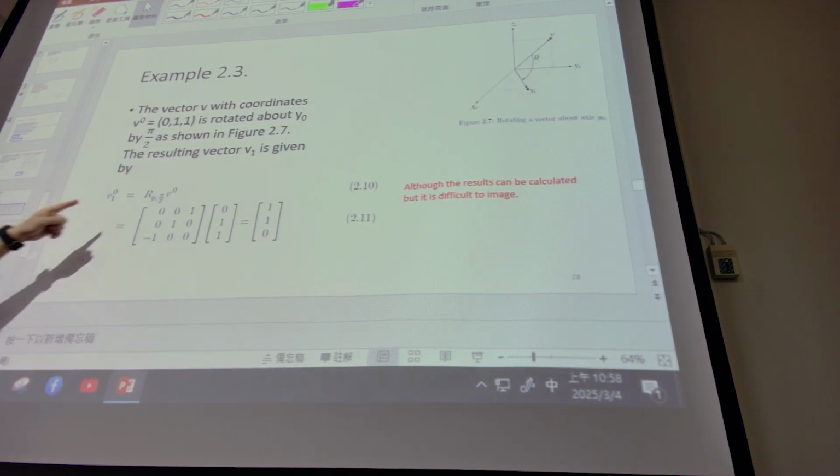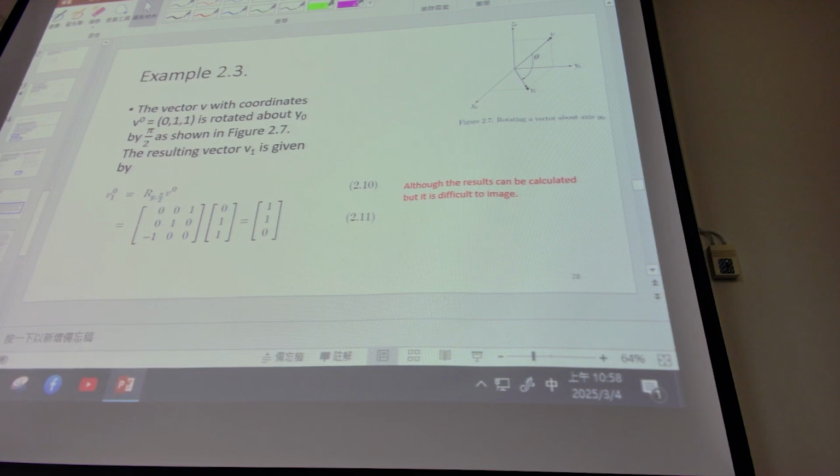In this case, I rotate with rotation matrix Y. It means I rotate along the y-axis. By how many degrees? Is it 2 pi? No, pi over 2. Pi over 2, okay. So if you put pi over 2, you know the formula is cosine, negative sine, something like that for the y-axis.